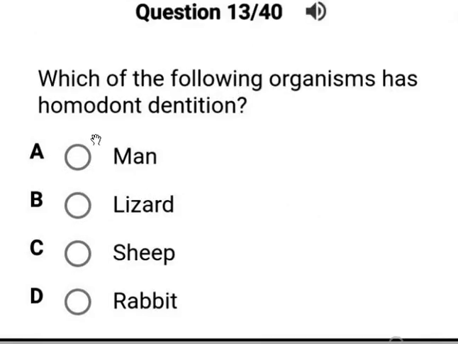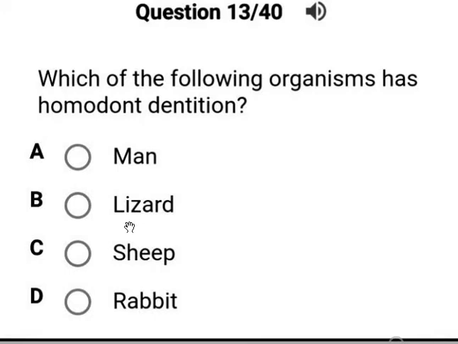Question 13, which of the following organisms has homodont dentition? A, man, B, lizard, C, sheep, and D, rabbit. So the best option here is lizard. Why? Because lizard is a reptile, while man, sheep and rabbit are mammals.